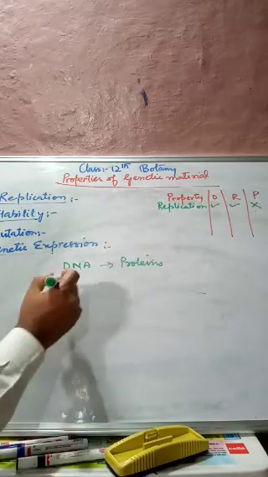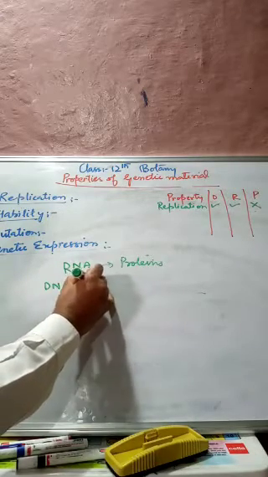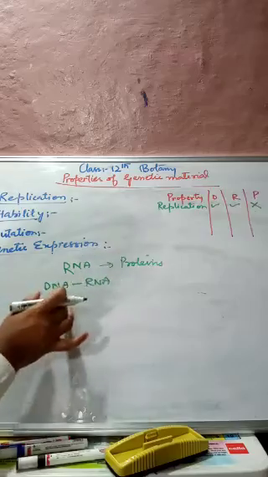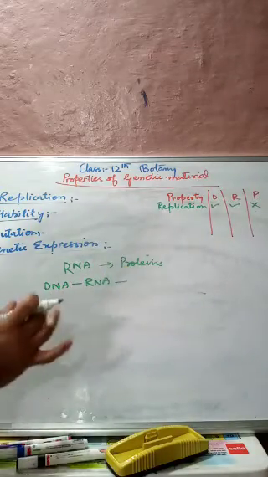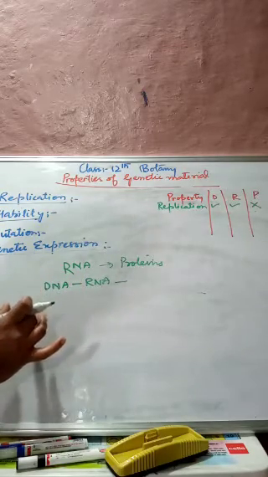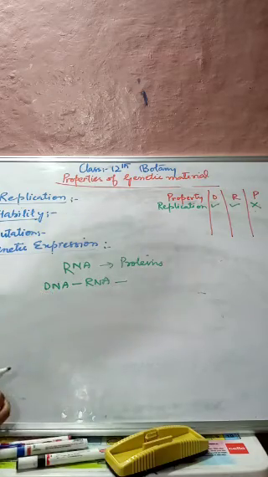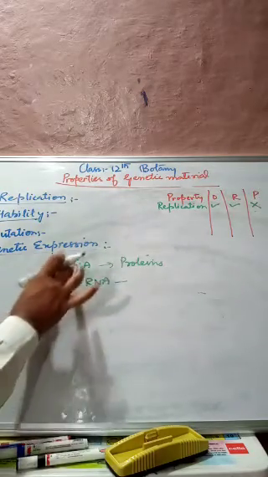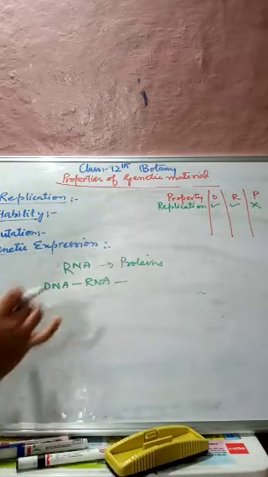What does DNA need? DNA needs RNA for the formation of these proteins. So DNA, being more stable, is considered better than RNA for storage of the genetic information.